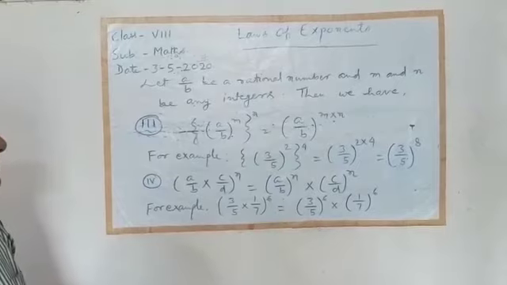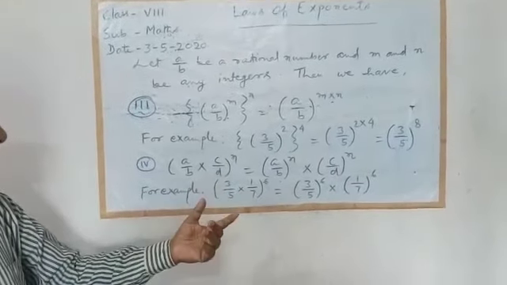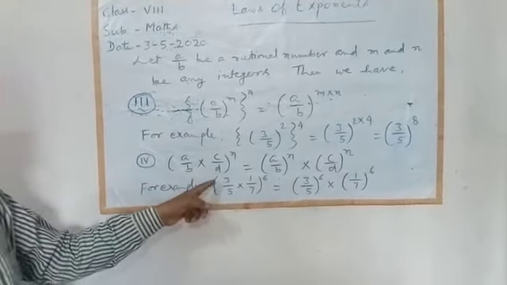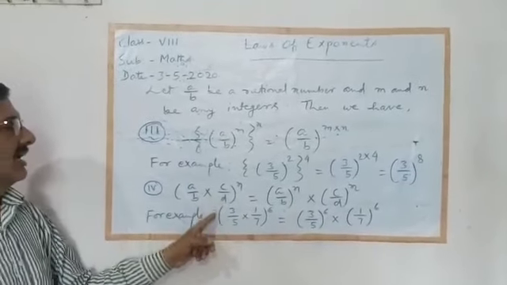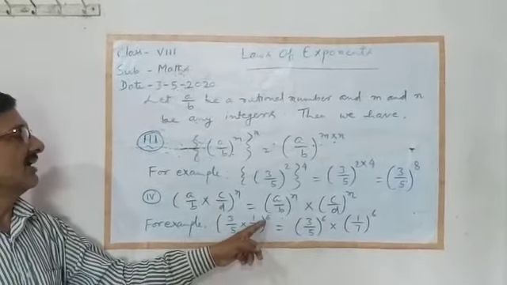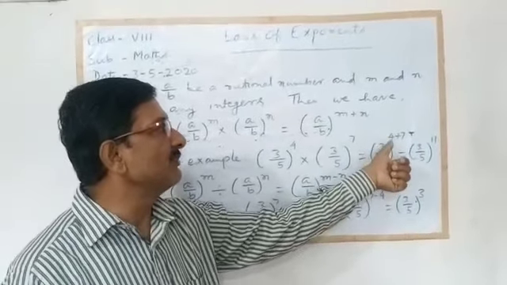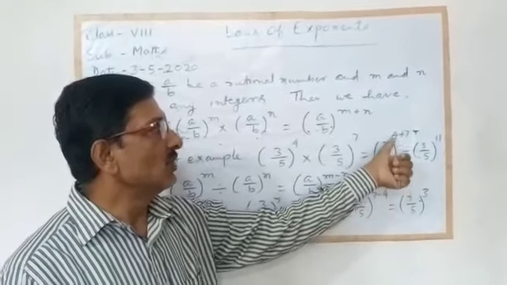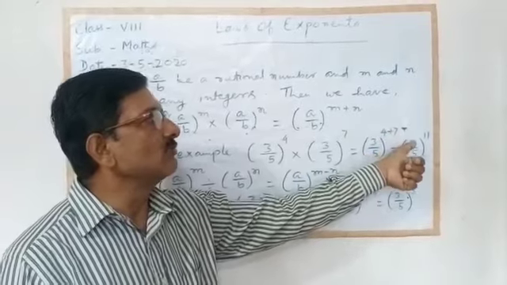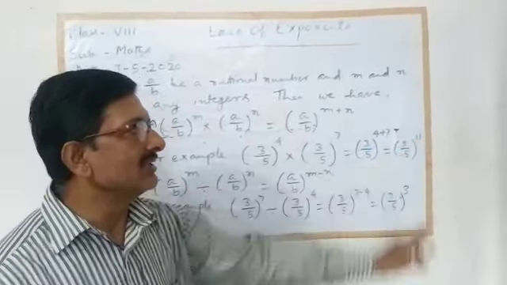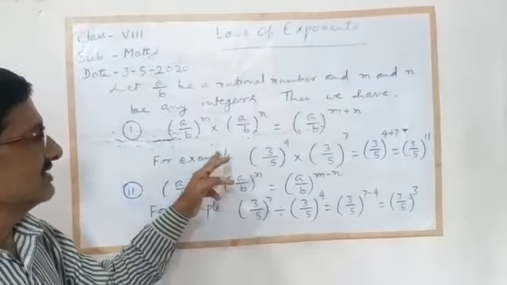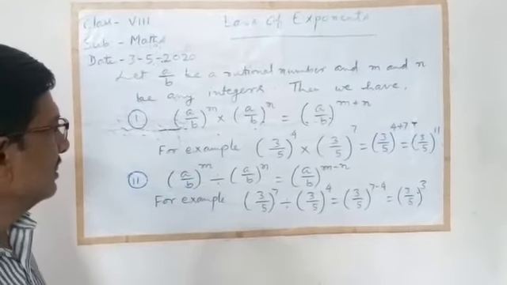In this way we can solve the other problems. For example, (3/5)^4 multiplied by (3/5)^7, that is (3/5)^(4+7). 4 plus 7 is equal to 11, so (3/5)^11.